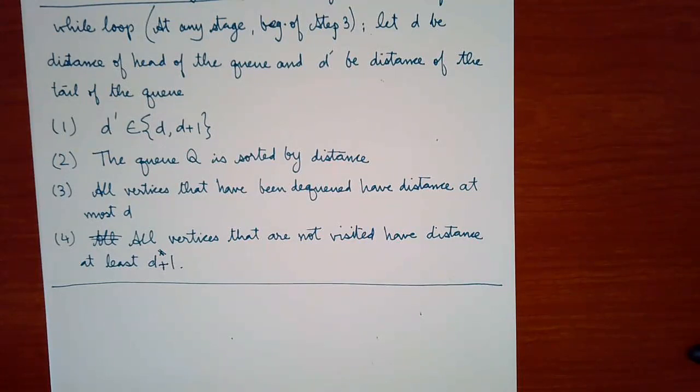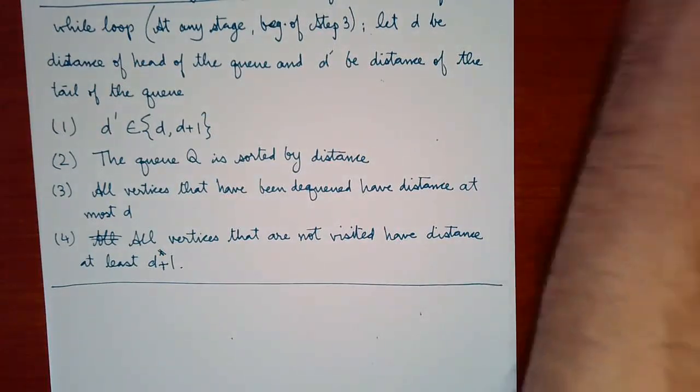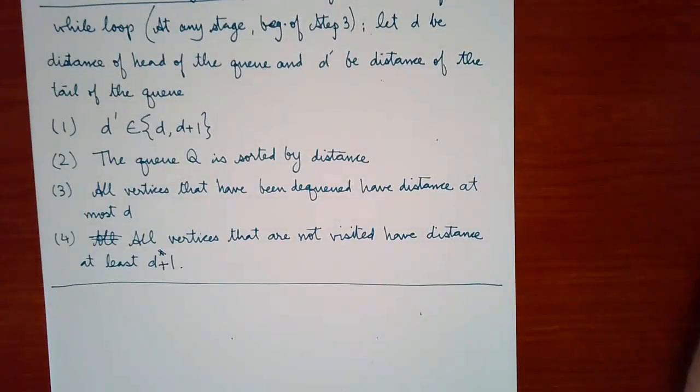Professor? Yeah. I think the statement is true only if you dequeue the node after you visit it, and if you use the head of the queue or the dequeued element. So if you visit the vertex before it is being dequeued, then the statement is probably true.